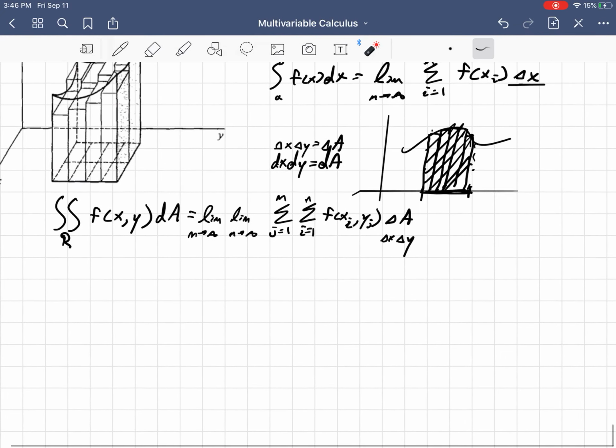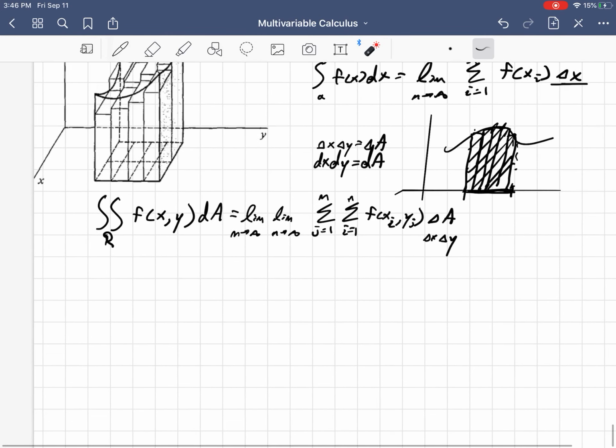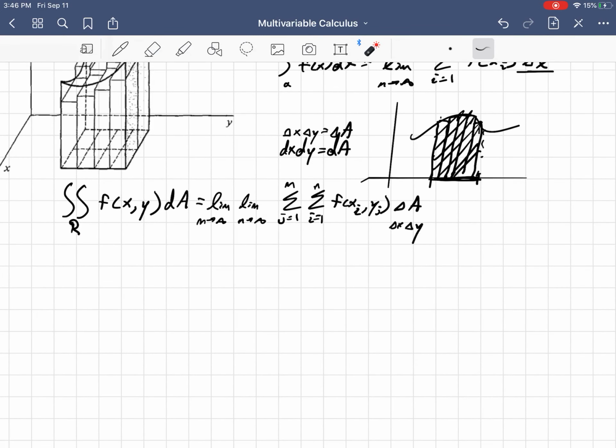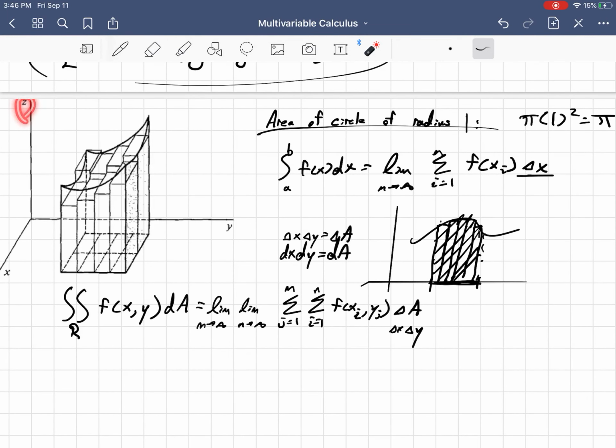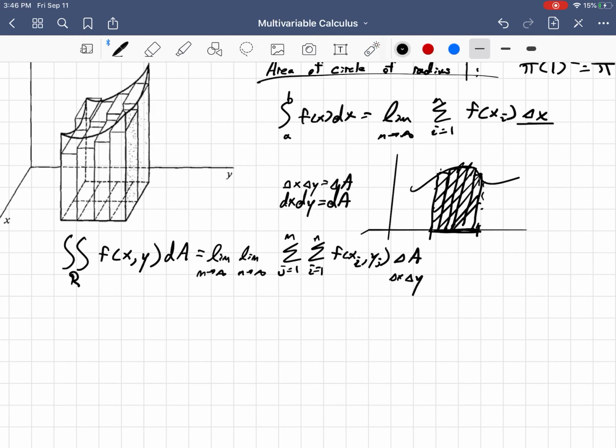Okay, and we know that we have to be integrating over a two-dimensional region, right? Because we have two input variables, an x and a y, and then we get out a z. So this right here is our region R, what we're actually integrating over. And then the actual answer to this integral is the volume under the graph itself.